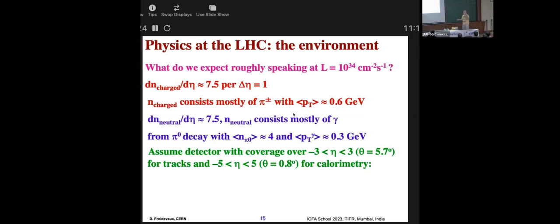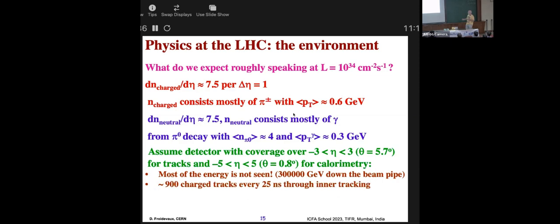We are measuring calorimetry with huge amounts of energy going into it. Most of the energy is not seen: about 300,000 GeV of the energy goes down the beam pipe. We have about 900 charged tracks every 25 nanoseconds through the inner tracking. We have about 1,400 GeV transverse energy, which corresponds to about 3,000 particles in the calorimeters every 25 nanoseconds.